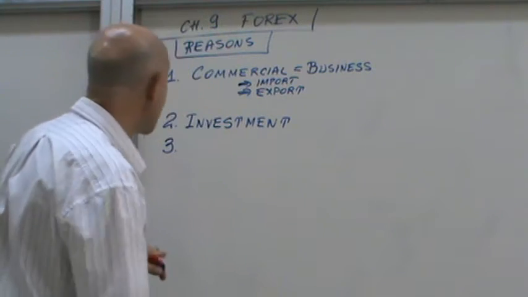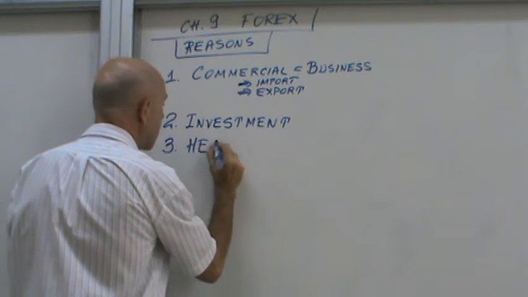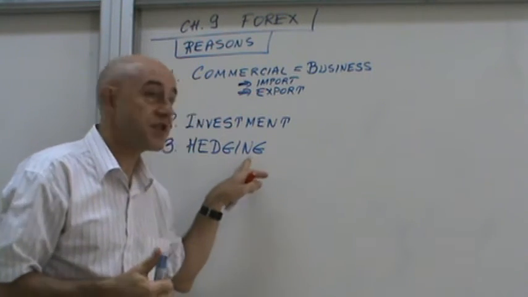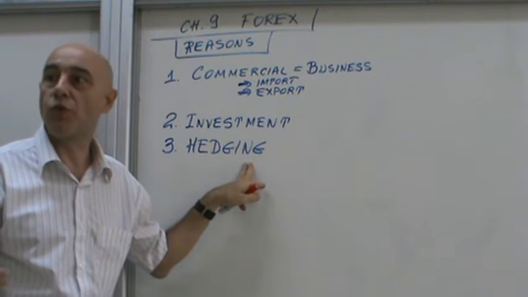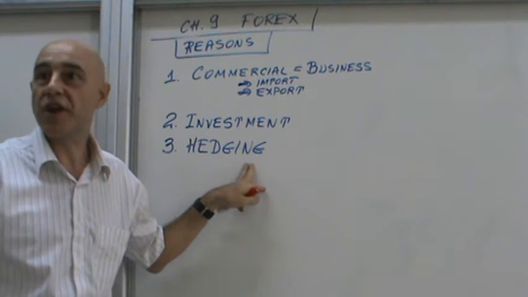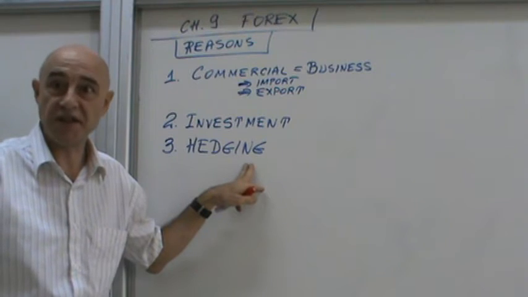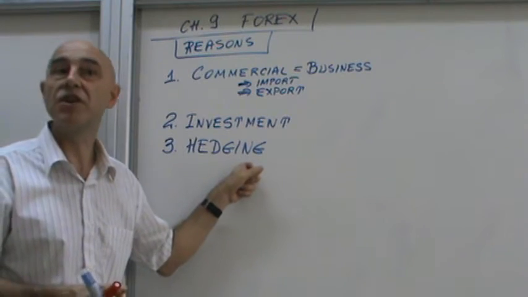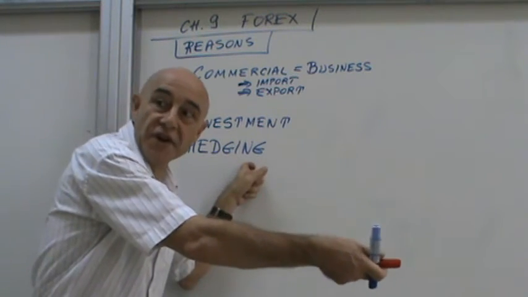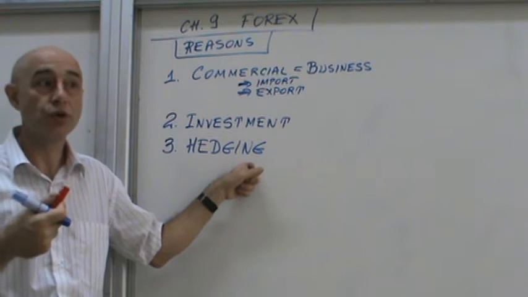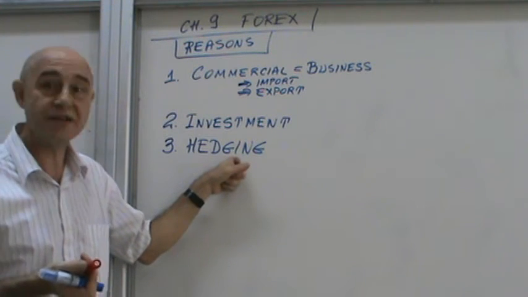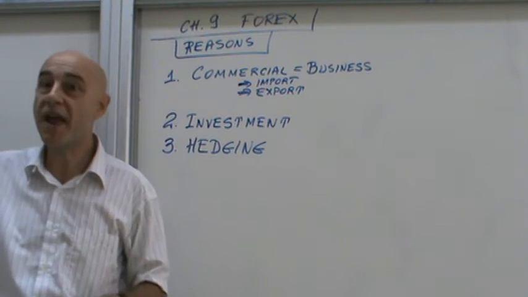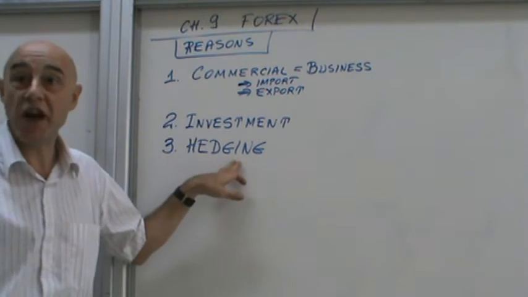Number 3, hedging. For example, you have a certain crop or whatever. You expect to get your agricultural produce in 6 months. You expect to sell it in dollars. So you will convert your foreign currency revenue to your local currency. For example, you expect 6 months from now that you're going to sell your rice in Japan or in China. You're going to get Chinese currency.